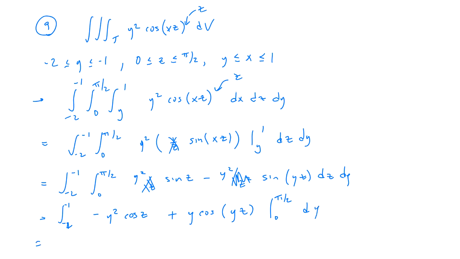So if I put in pi over 2 into the first term, I get zero. And in the second term, I get... see if I mess this up again. That.